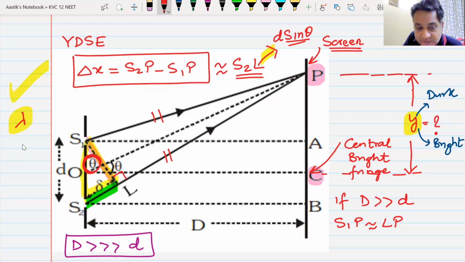I want you to note it down. Till that time, I draw my version of the diagram to make you understand it.